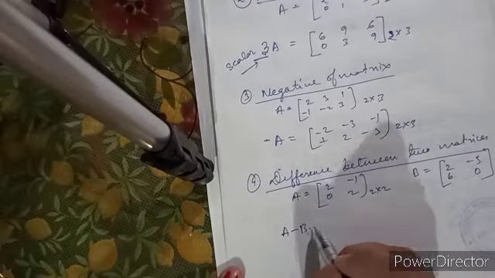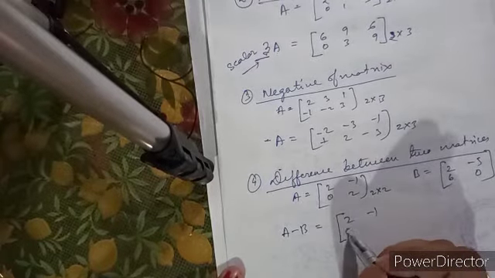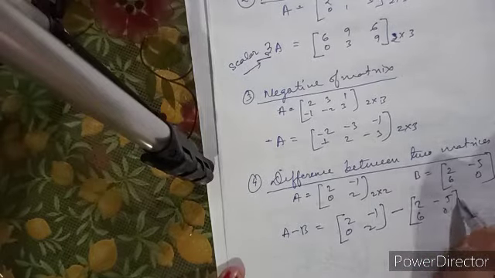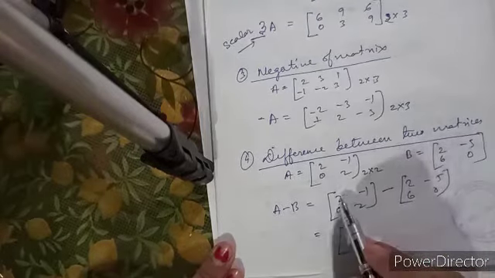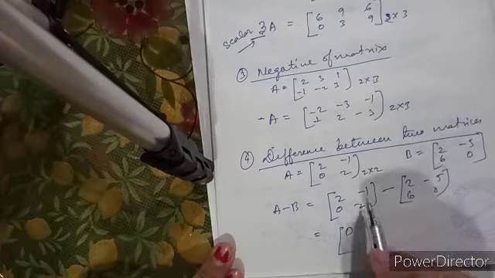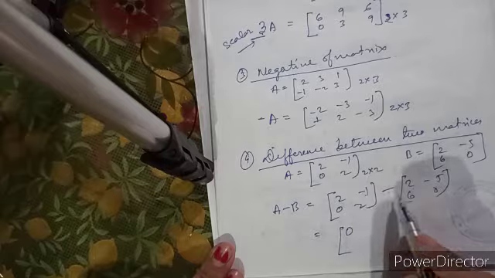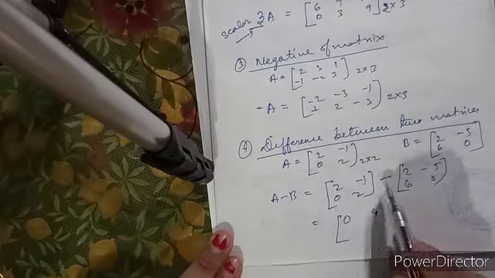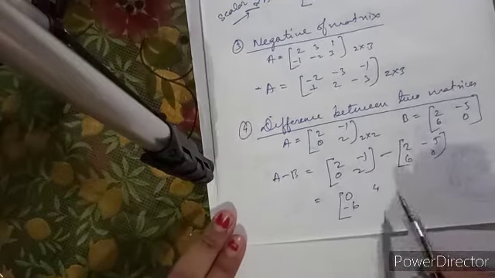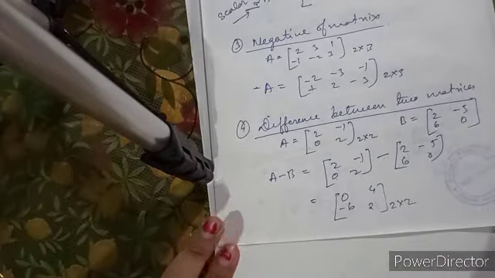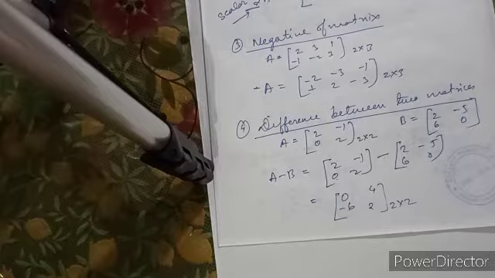We are asked to find the difference between the two matrices. What will be the output? 2 minus 2 will be 0, -1 minus -5 will be -1 plus 5, which is 4. 0 minus 6 will be -6, 2 minus 0 will be 2. So this is the subtraction or difference between two matrices.